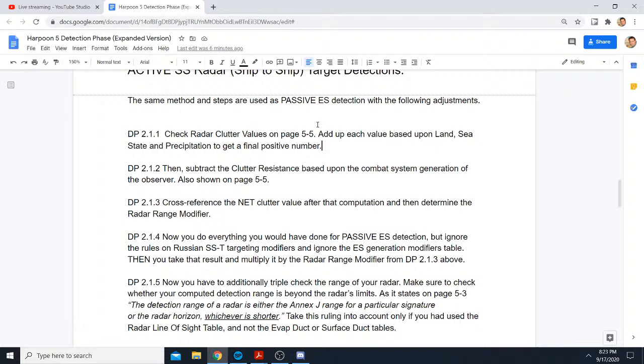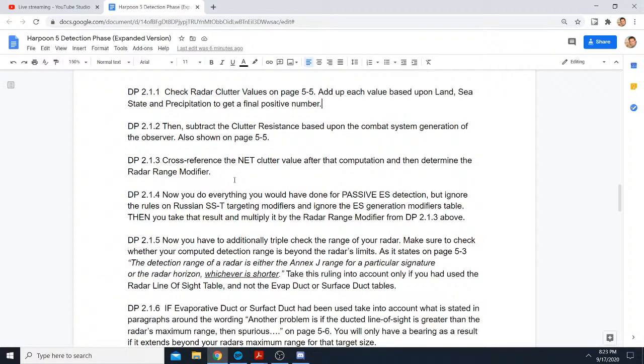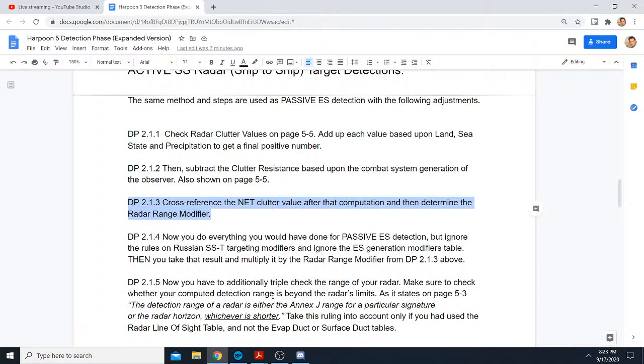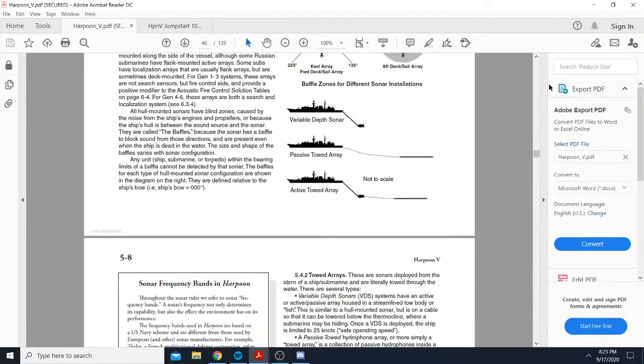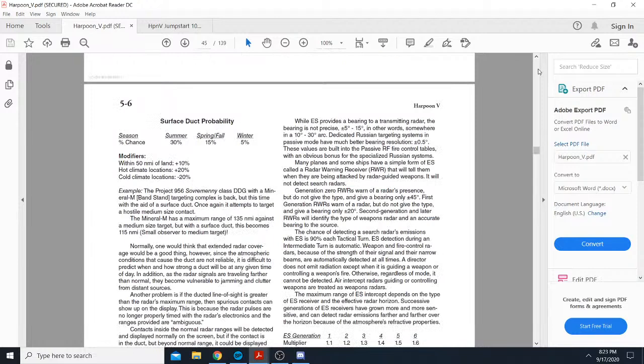Then you subtract the clutter resistance based on the combat system generation of the observer, since your system might be a little better than older systems at resisting that clutter effect. Then you come up with a net clutter value, which you look up on the radar range modifier table.